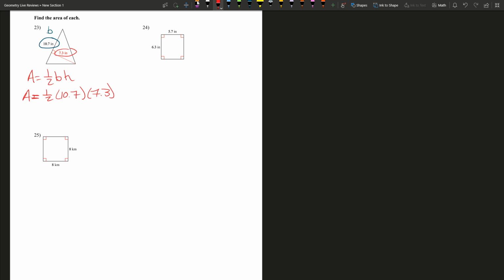So if we plug that into a calculator, we get 39.055. And that would be inches squared.